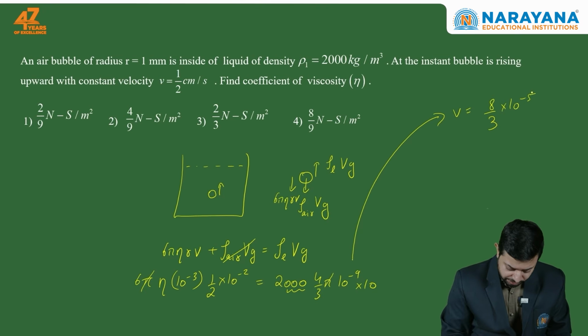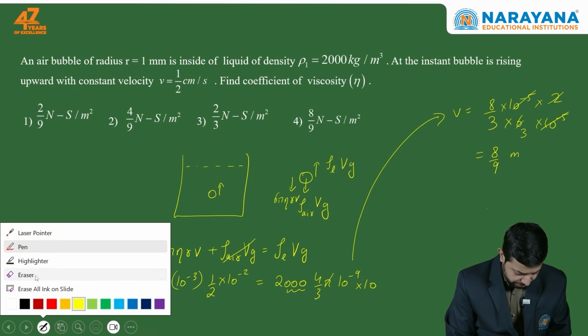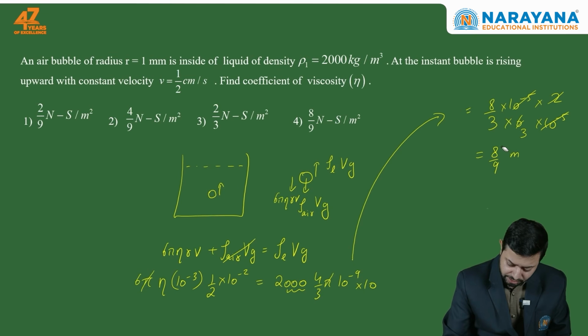Then it comes from the left-hand side to the right-hand side, divided by 6, and up we will have 2, and down we will have 10 to the power minus 5. So these numbers are already getting cancelled, 2 ones are 2, 3 twos are 6. Overall this becomes 8 by 9, and this is going to be the eta. So we have now finally the answer.